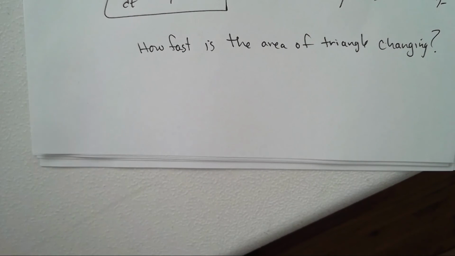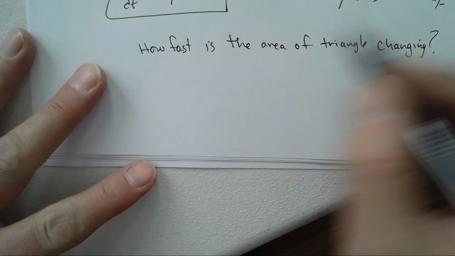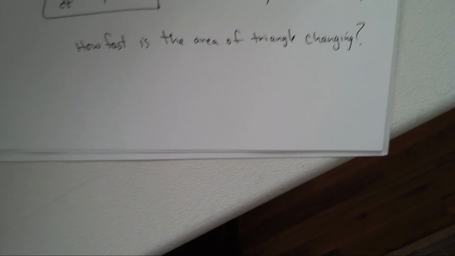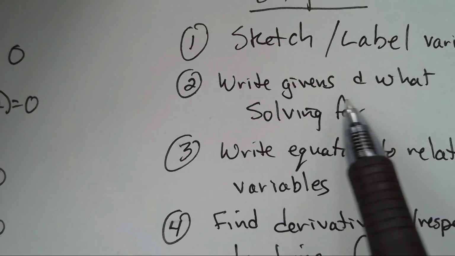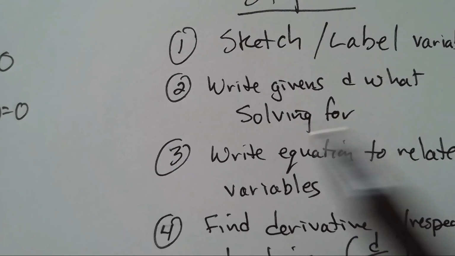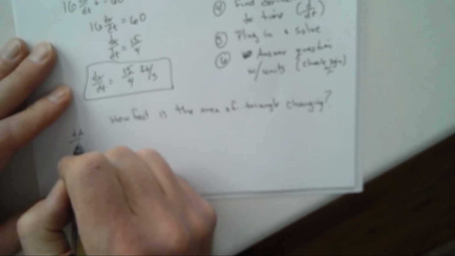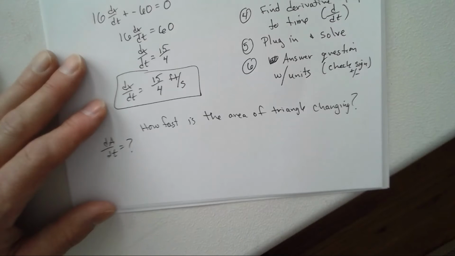So we've got our sketch. We're looking for what givens and what we're solving for. We've got everything labeled except for what we're looking for. In this case, we're looking for dA/dt. So dA/dt is our unknown. We can find the area.